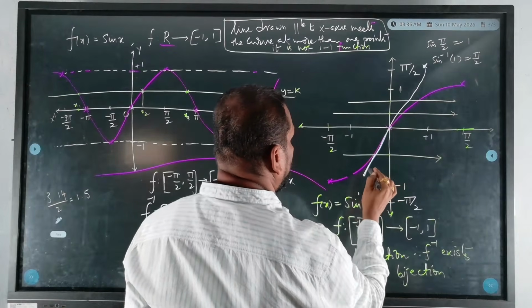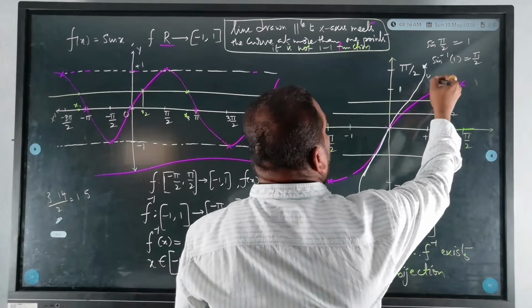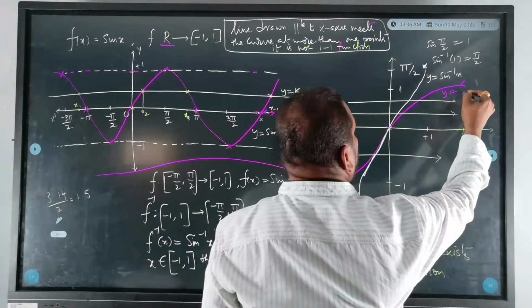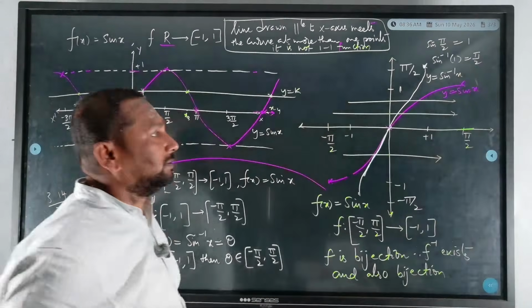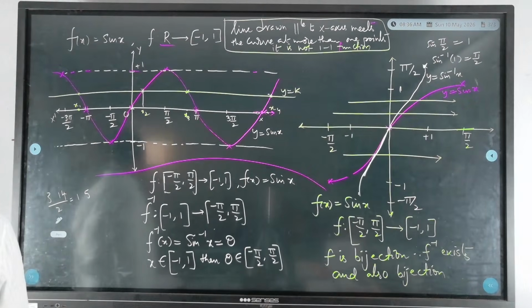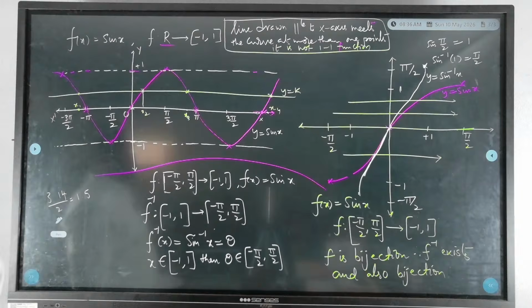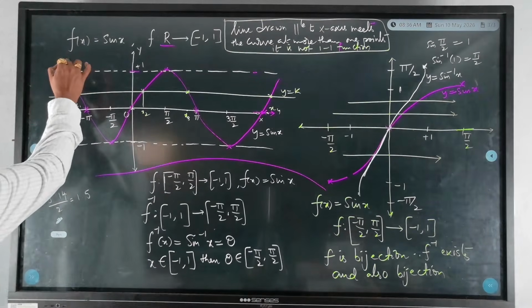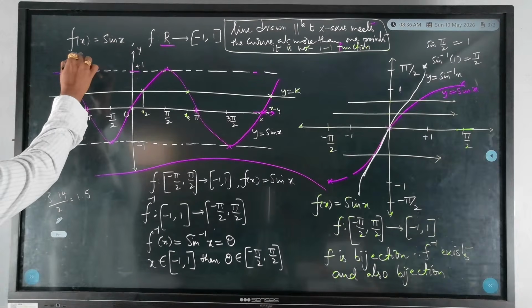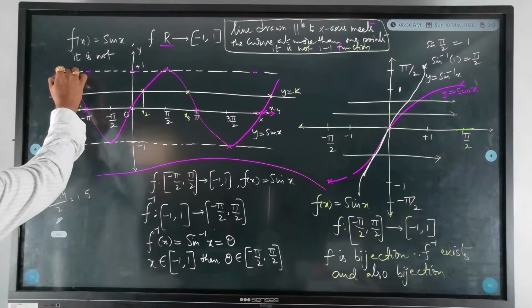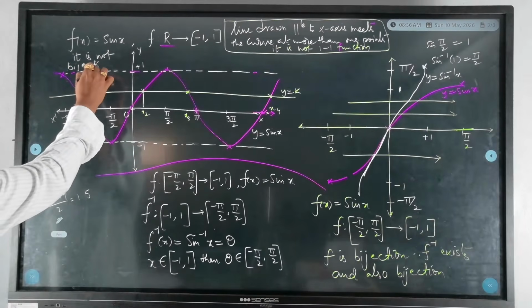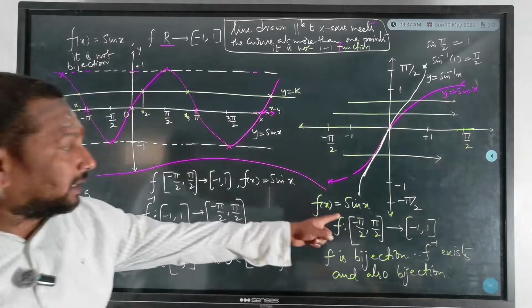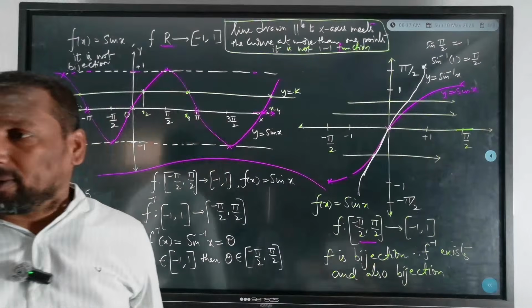So this is the graph y is equal to sin inverse x. This is the graph y is equal to sin x. Sin inverse x, sin x. Right? So the original sine function, in this case, is not a bijection. So what should we do to make it a bijection? Restrict the domain to minus pi by 2 to pi by 2.